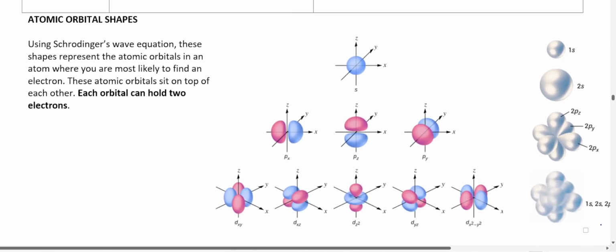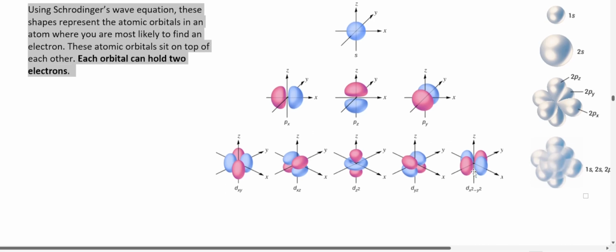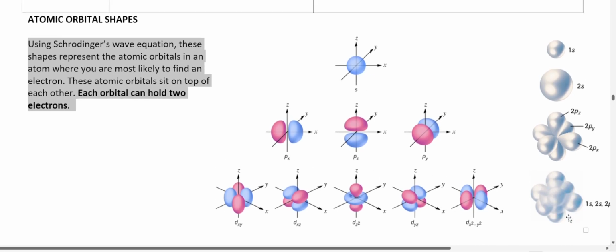So when I talked about these orbitals, or these high probability locations of an electron existing, these came from Schrodinger's wave equation, okay? And so Schrodinger's wave equation allowed these shapes to represent the atomic orbitals in an atom where you are most likely to find an electron. And these shapes all sit on top of each other within an atom.